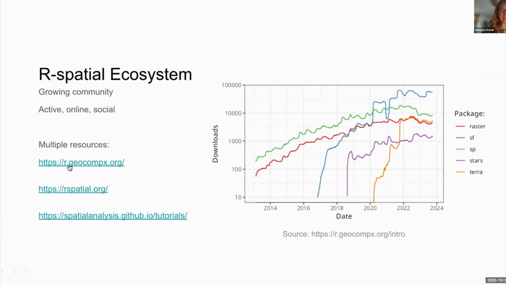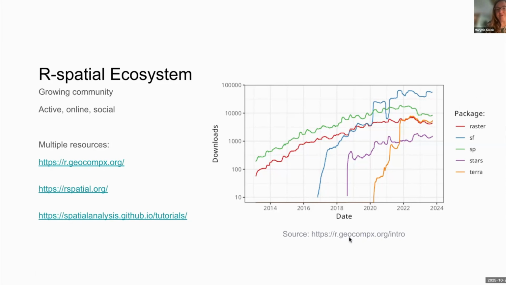So I'll be highlighting this RGeoComp org one, but there's also these other sources that are available as well. And as you can see here, over time, SF emerged and rapidly overtook the other libraries as being extremely useful and highly used by different communities.